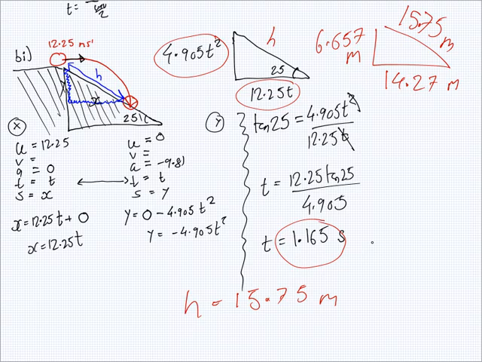It's almost the same as what you just did, but I think it's different enough to be too confusing to follow. They will give tan, like 12.25 T times tan 25 equals y.